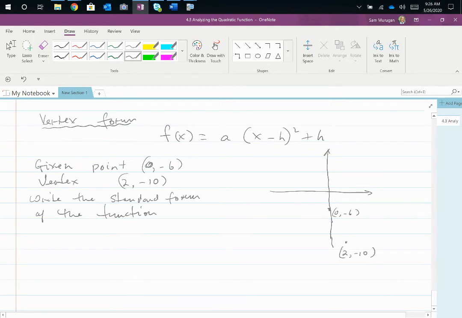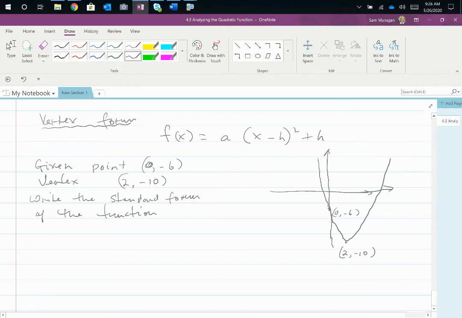Okay, so that's a fair indication that the graph is turned upwards, because it's crossing here. It has to come down to this point and then go up that way.